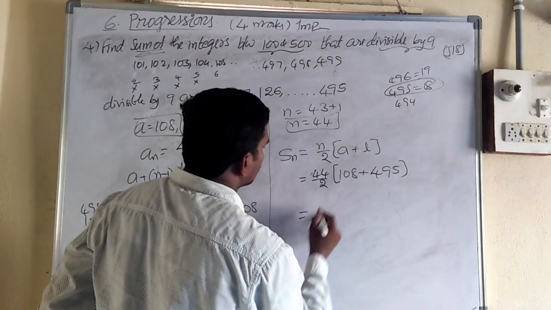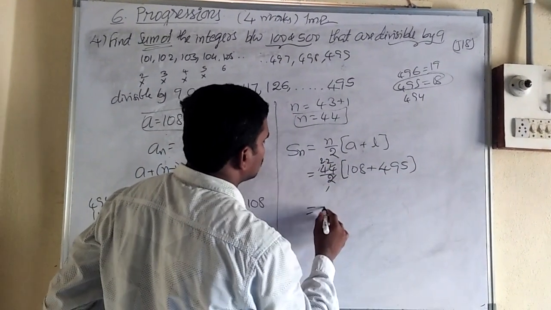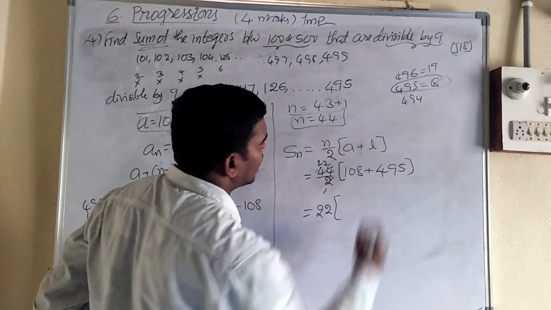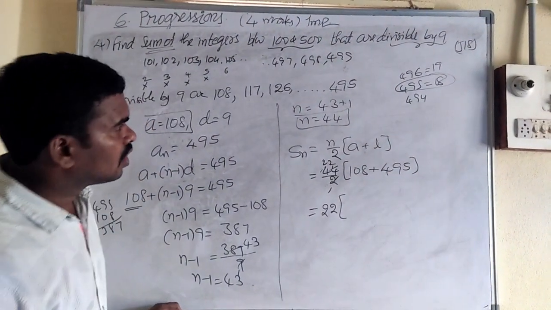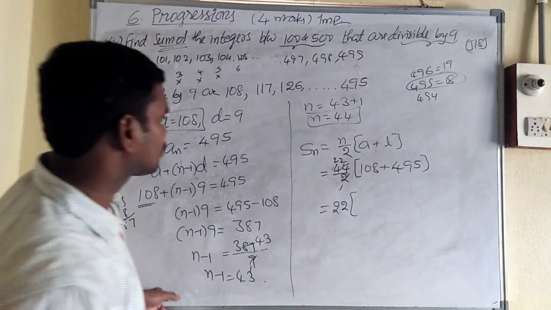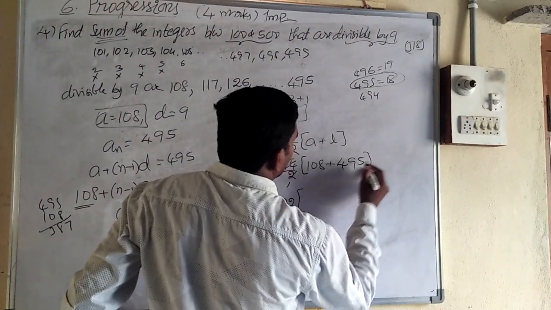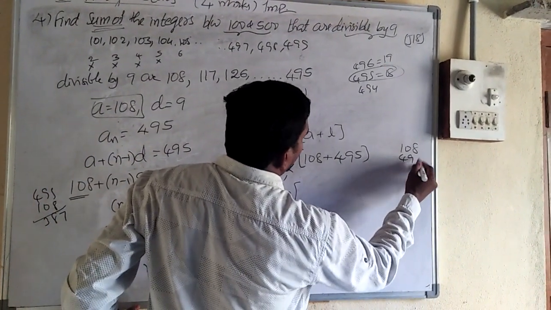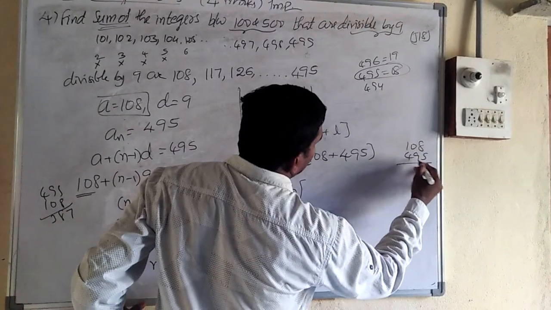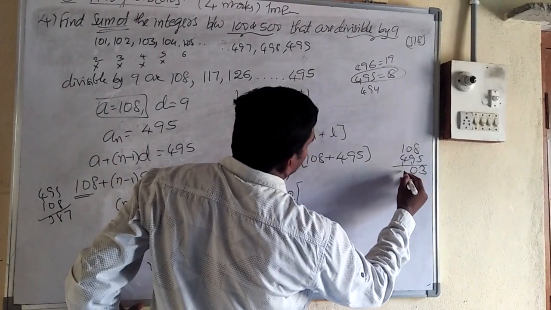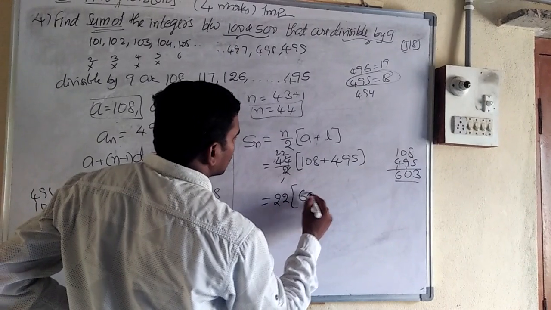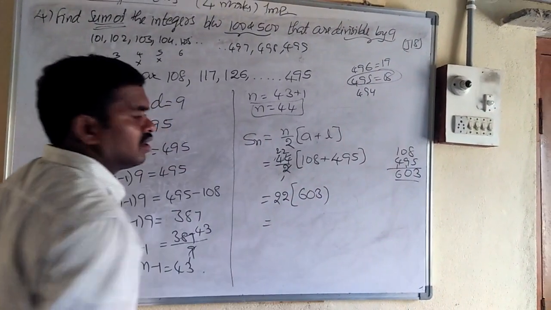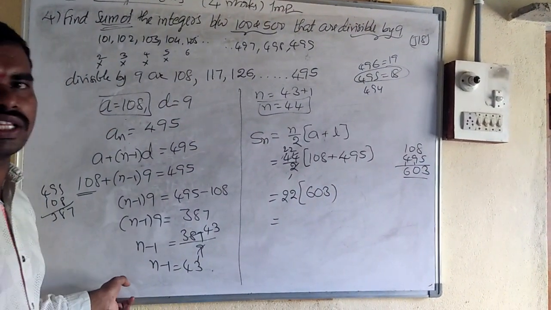So here you can cancel, 2 ones are 2, so 22. Add these two. How much? 108 plus 495. 8 plus 5, 13, 1 plus 9, 10, 1 plus 1 plus 4, 6, so 603. So this is 22 into 603. Okay?